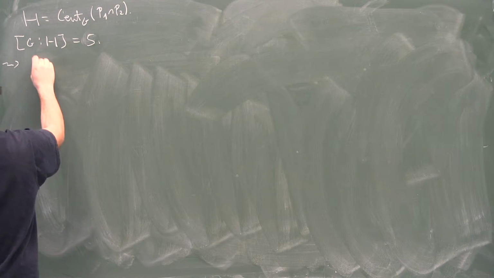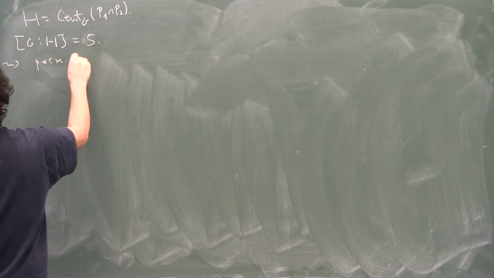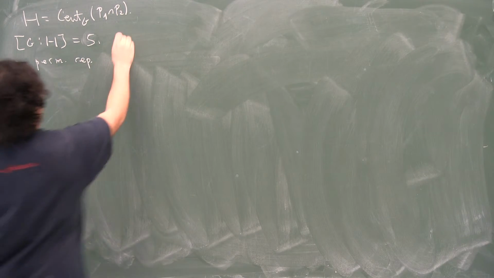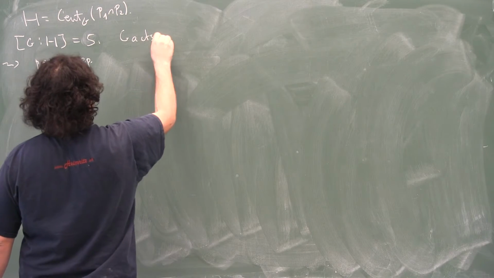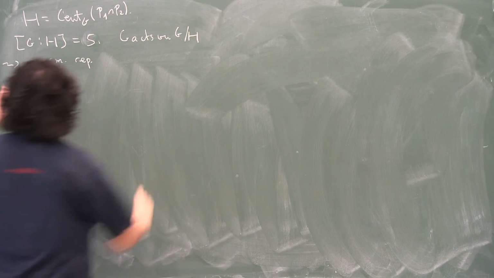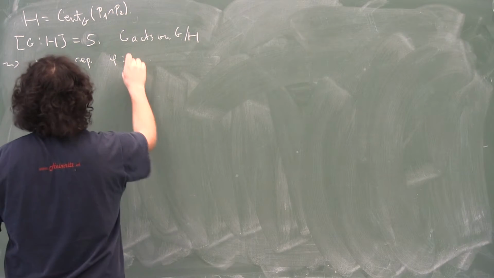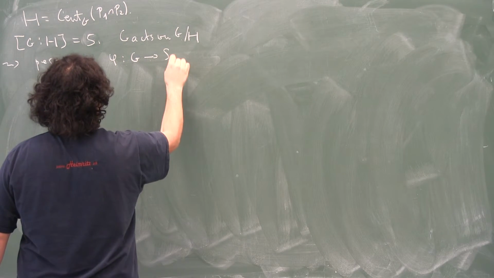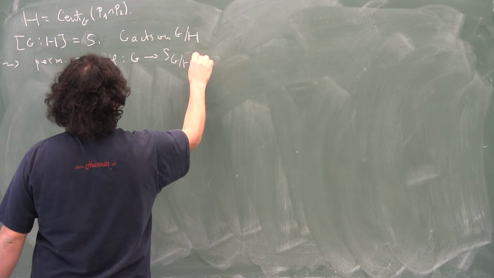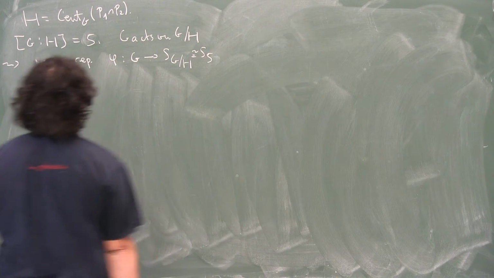So this gives us a permutation representation. G acts on G mod H, gives us a permutation representation phi going from G to S of G mod H, which is isomorphic to S5.